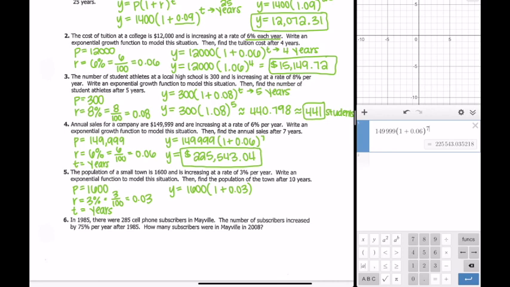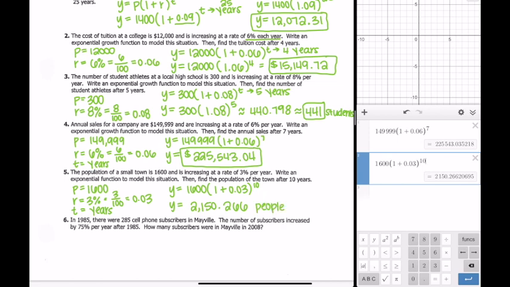All right, so our equation, y equals the initial value times 1 plus 0.03 raised to the power T, and in this case we're looking for the amount after 10 years. So 1,600 times 1 plus 0.03 raised to the power 10 is 2,150.266. So that 0.266, we can't have 0.266 of a person.